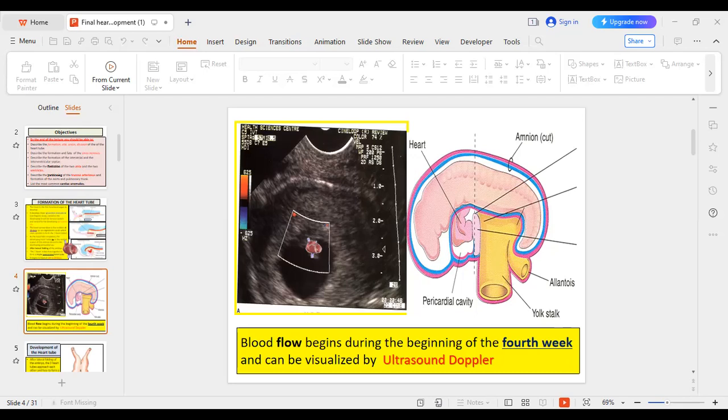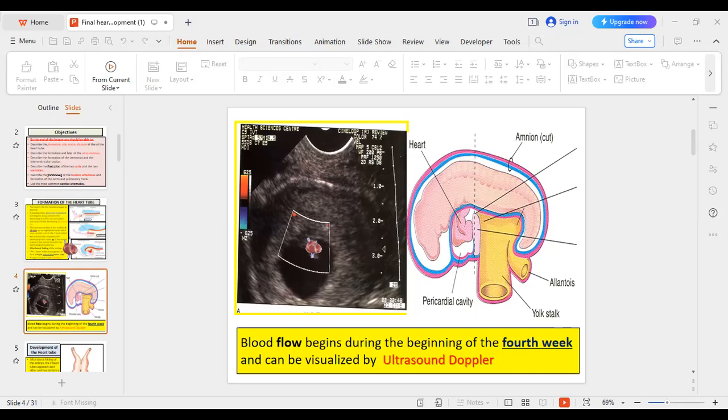You can see the septum intermedium dividing the atrioventricular canal into right and left canals. These canals partly separate the primordial atrium from the primordial ventricle.